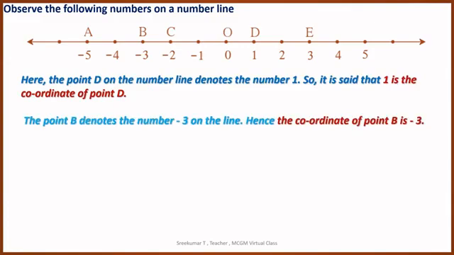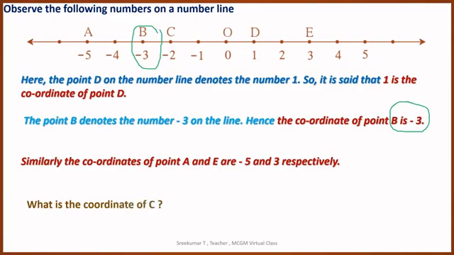For example, the coordinate of point B is -3. So this B is representing -3. So you got an idea about it. The coordinate of point B is -3, and if asked about the coordinate of point A and E, A is -5 and that of E is 3.